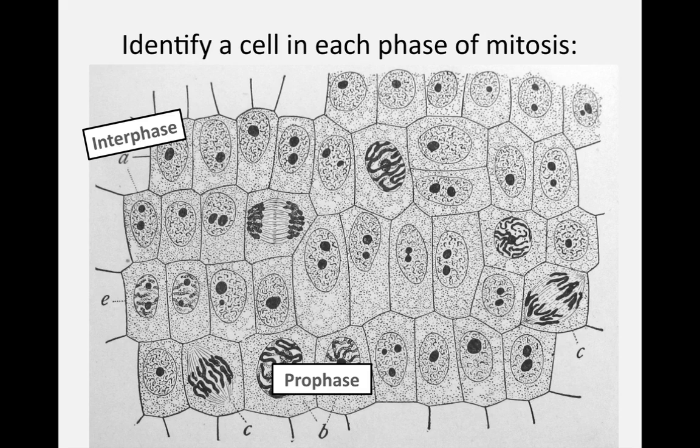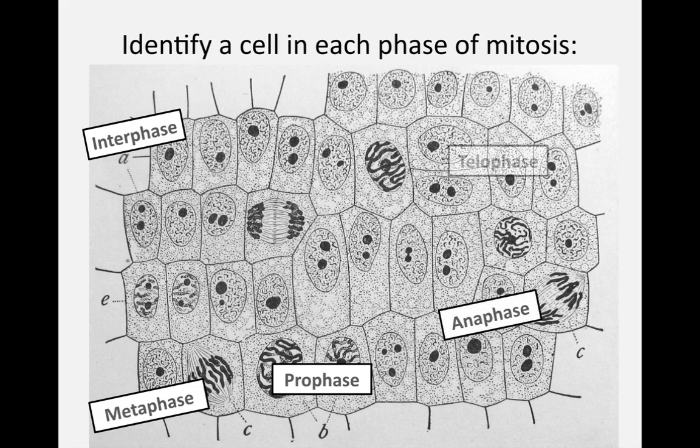We can start to see that spindly chromatin showing up and condensing into chromosomes. Here's metaphase, when everything is aligned along the middle. We have anaphase, where it has been pulled apart. Here's telophase, because we can see two nuclei in a single cell. And there's cytokinesis, where we have two identical cells formed.